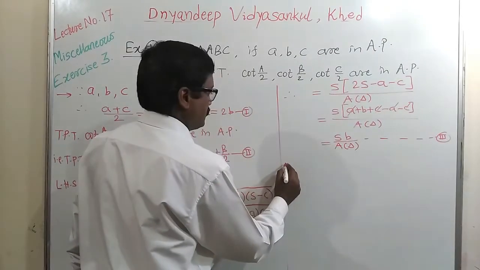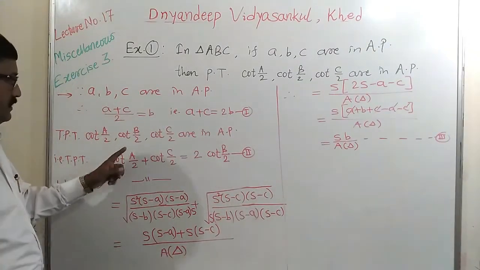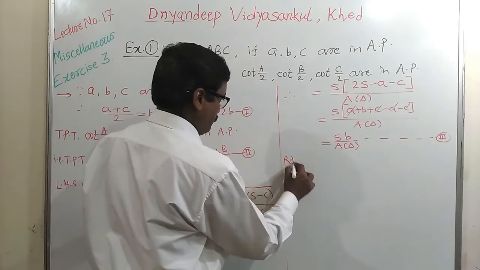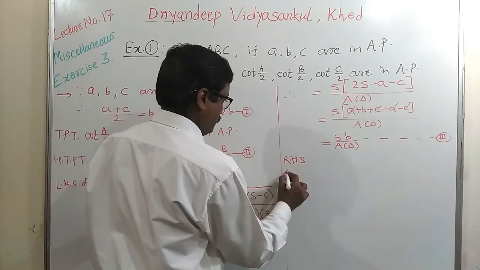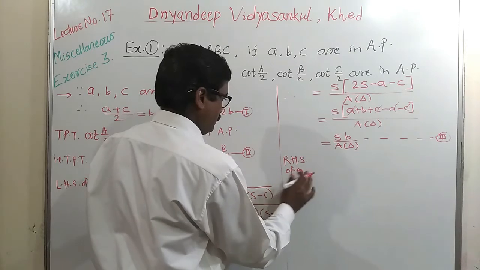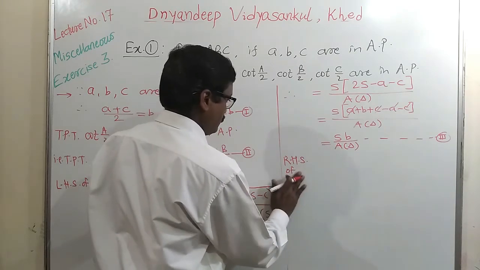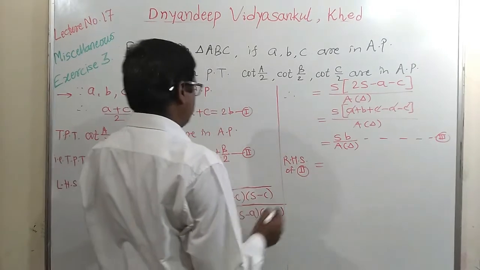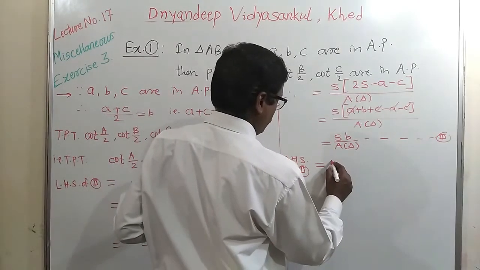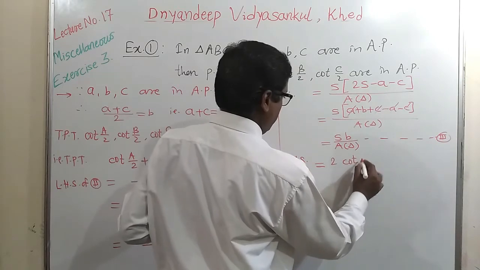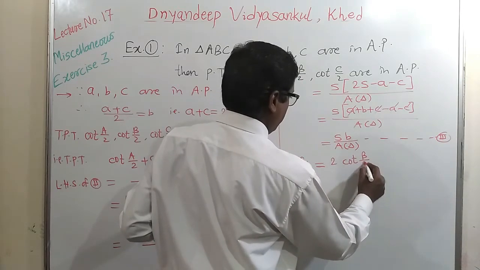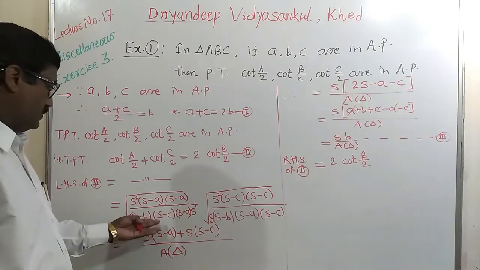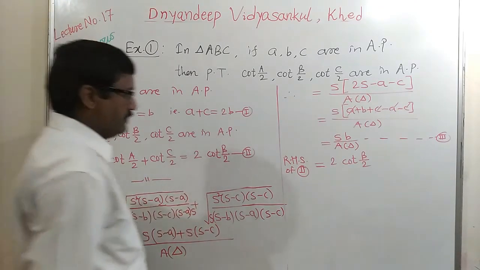Now the RHS of equation 2 is equal to 2 times cot B by 2. Let us use the similar result for cot of B by 2.